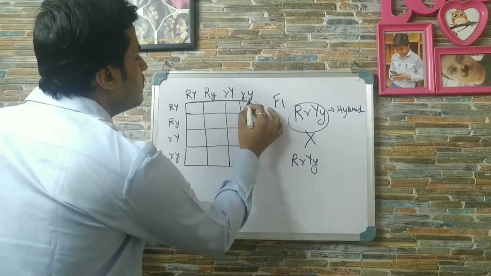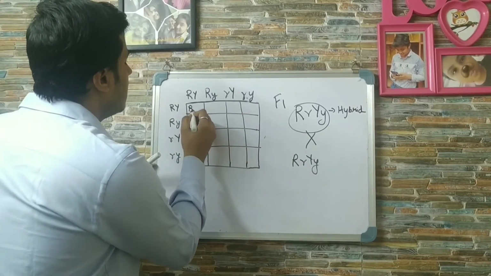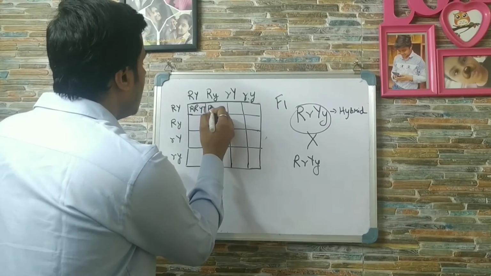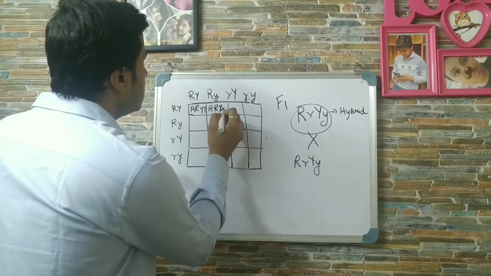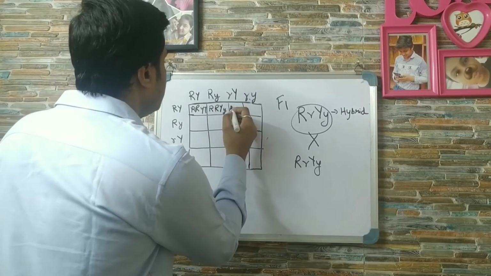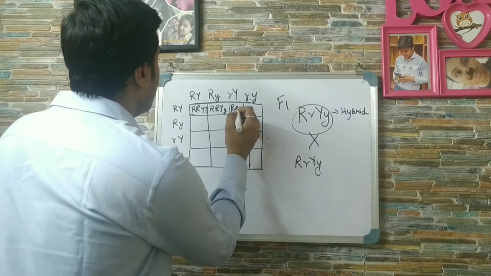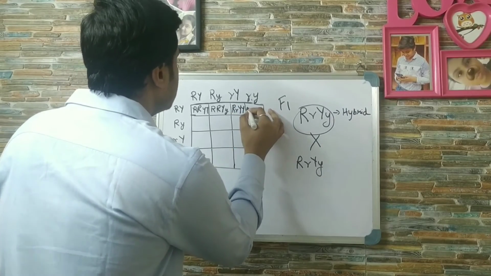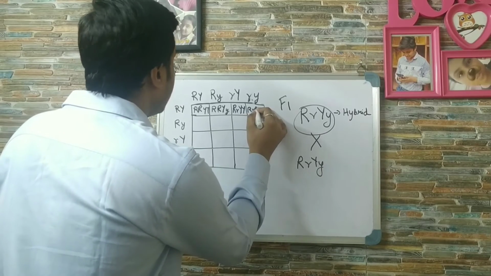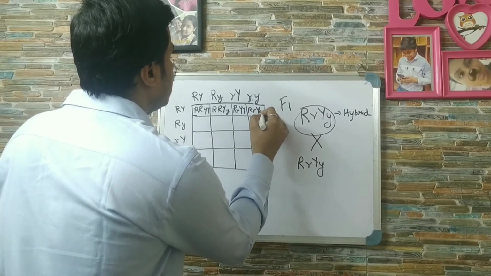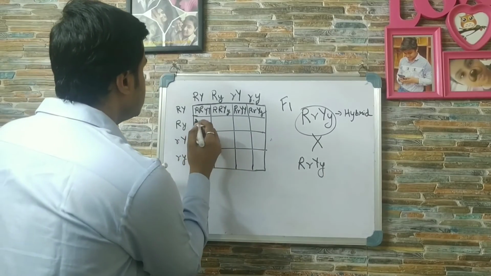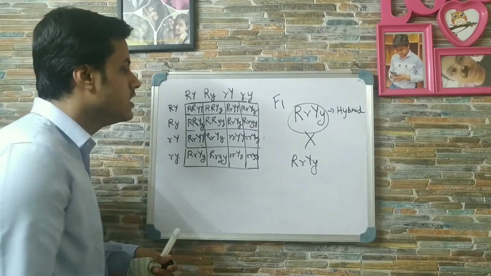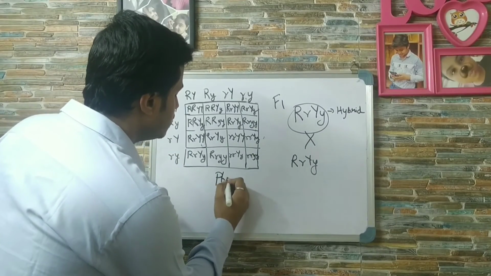Now if you try to fill the boxes, it will be RR YY. Second one will be RR capital Y small y. Third one will be capital R small r capital Y capital Y, and fourth one will be capital R small r capital Y small y. In the next, simultaneously, we'll try filling it. After filling the box completely, you will find out the phenotypic ratio of this.